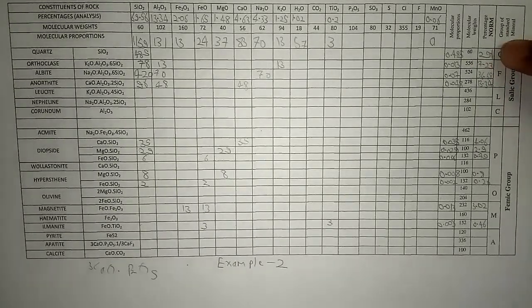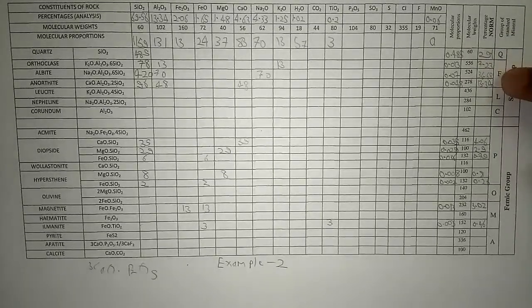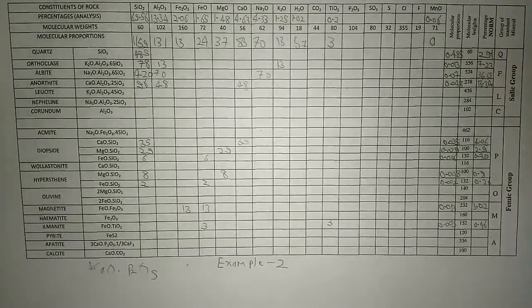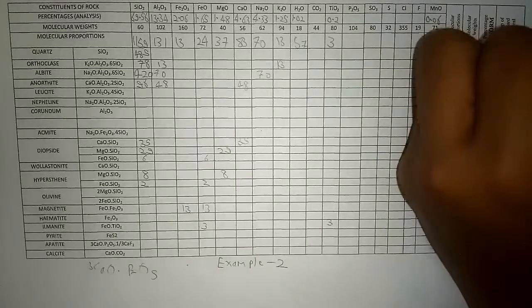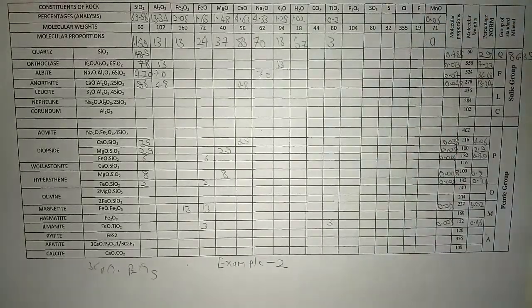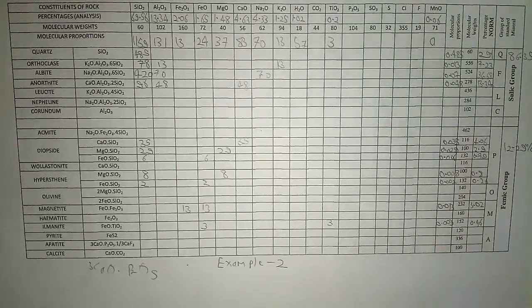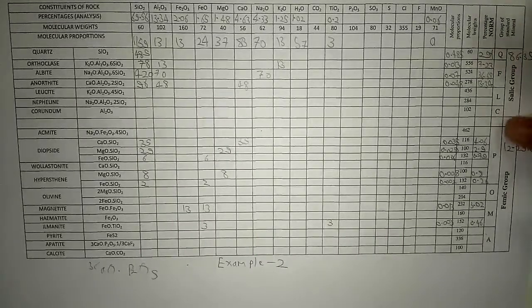So when we add 29.1, 7.23 plus 36.68 plus 13.34, we will get the value equal to 86.35%. And in the second case, when we add all these values, we will be getting 12.29%, and then we have to just add them, and you can write it in this middle row.